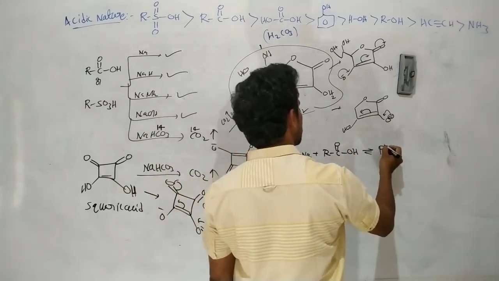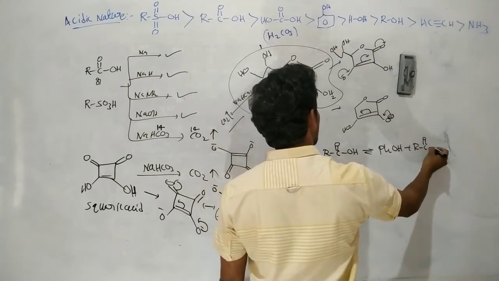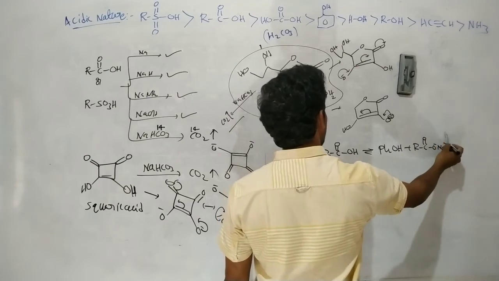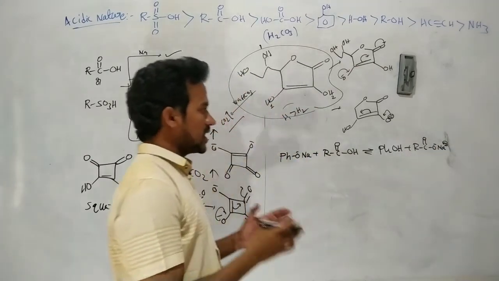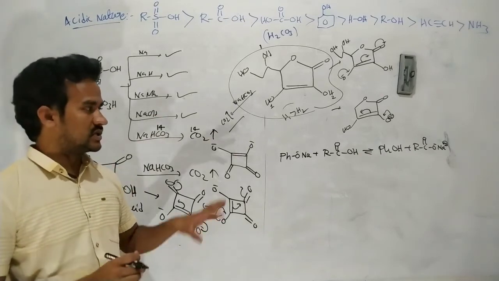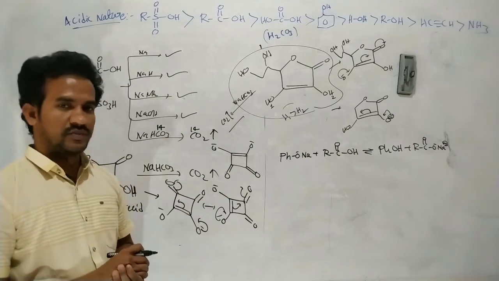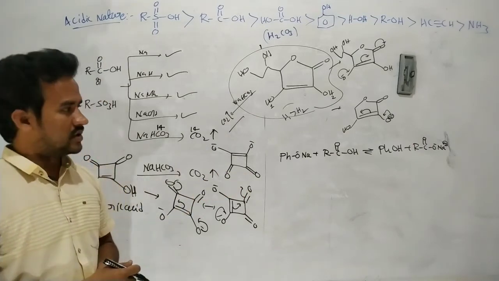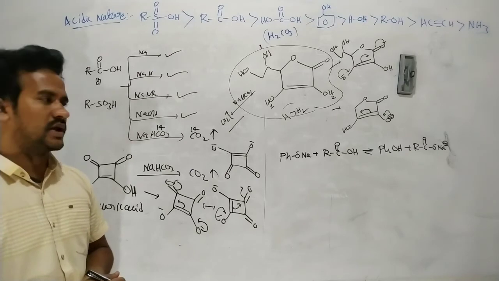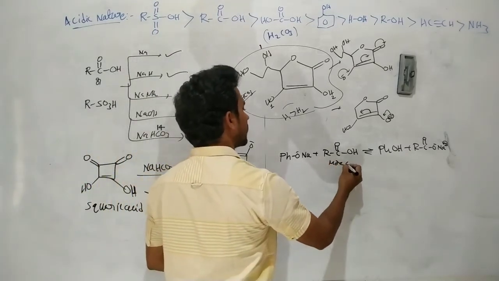Here PhOH plus RC double bond O minus Na plus. Is this reaction possible or not? In the examination we can see this type of question. So this reaction is possible in the forward direction. Why? Because this carboxylic acid is the more acidic compound.